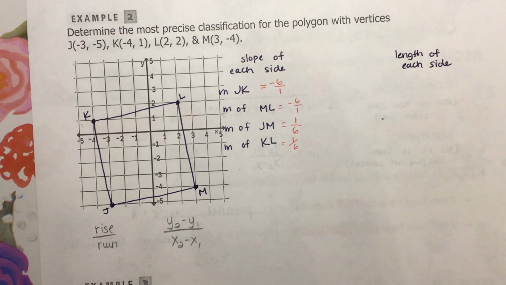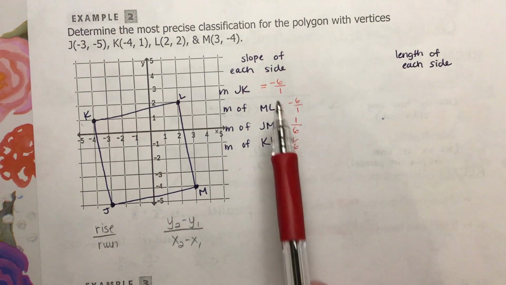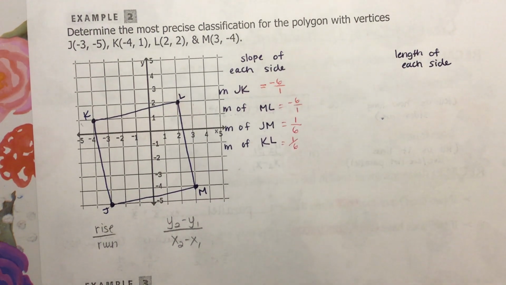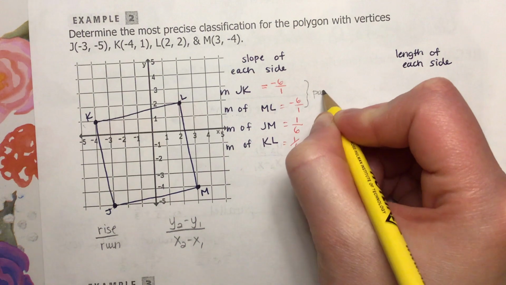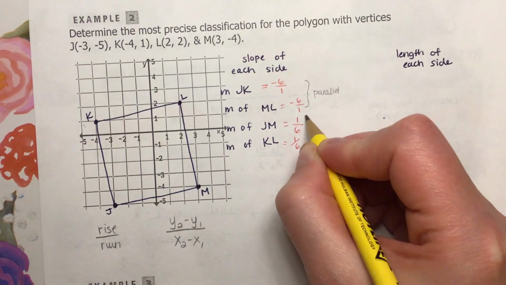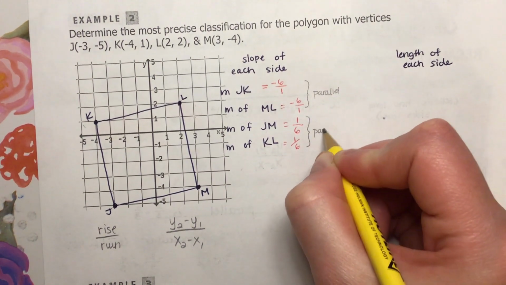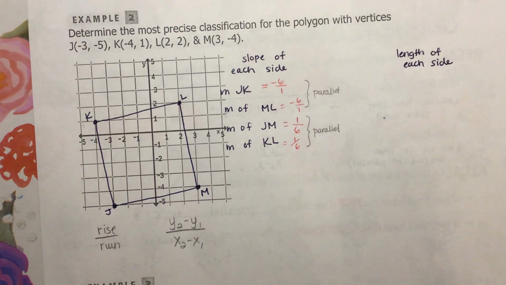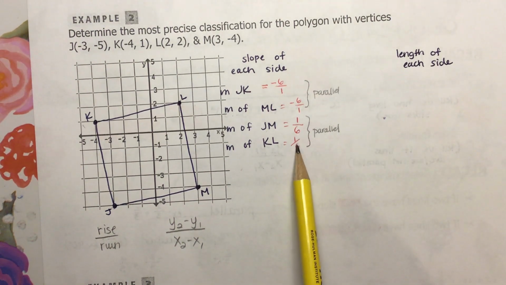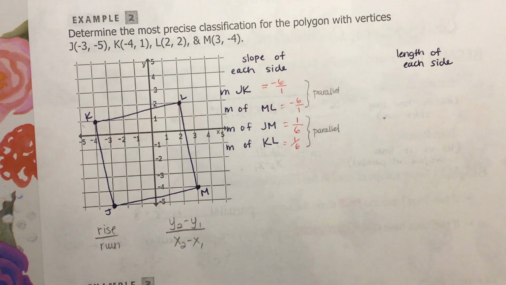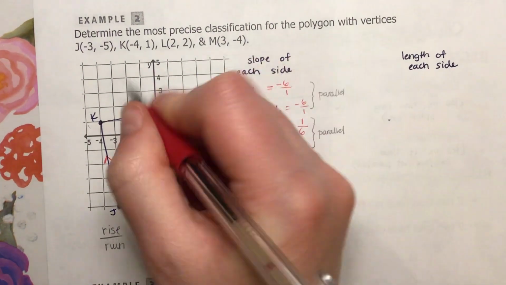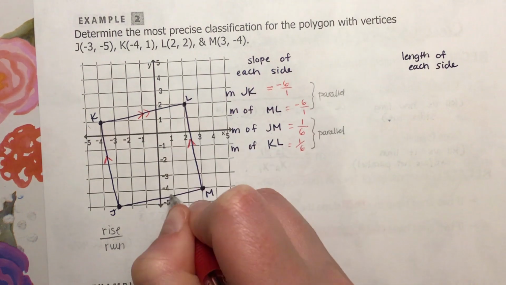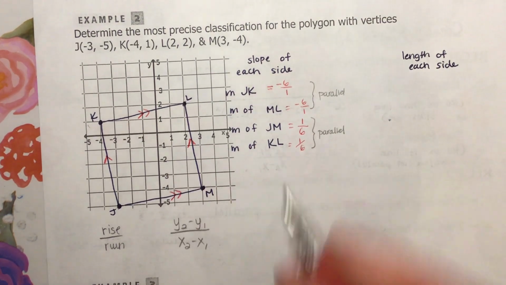All right, so here's what I know so far. These two sides are parallel to each other, so I'm going to mark that. And these two sides are parallel to each other. And I know that because they have the same slope. So I'm going to mark that on here, parallel to him. And this guy is parallel to that one.